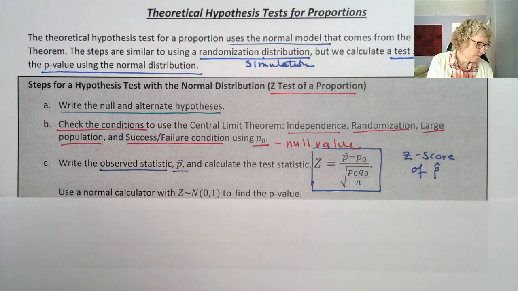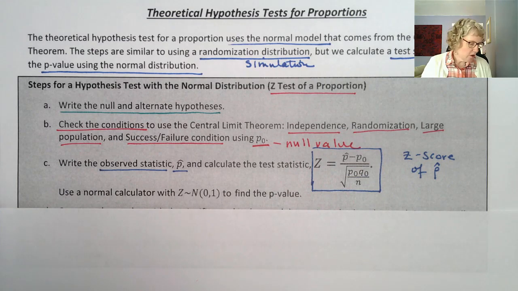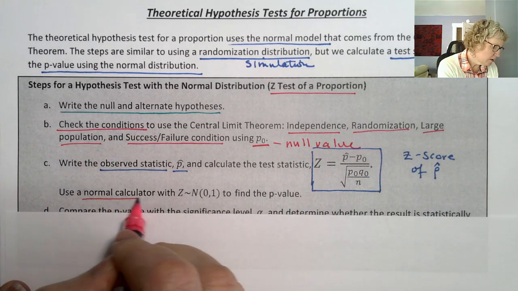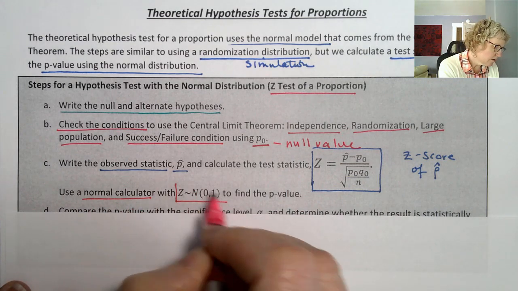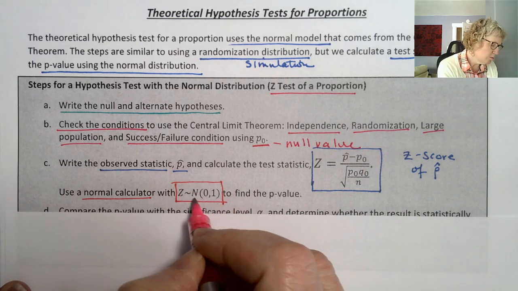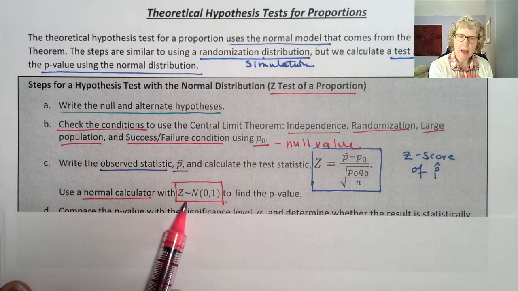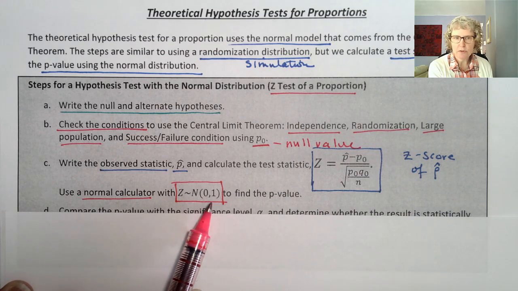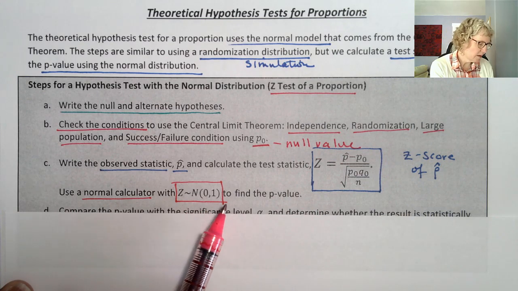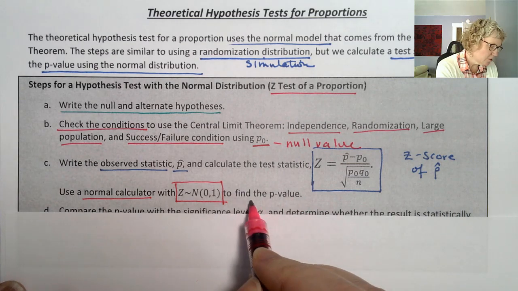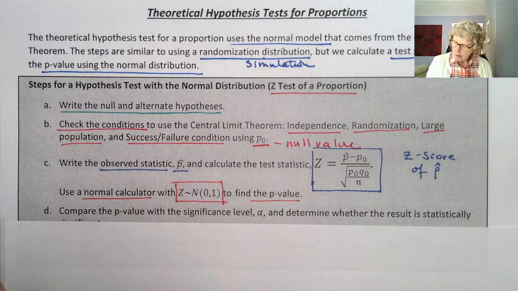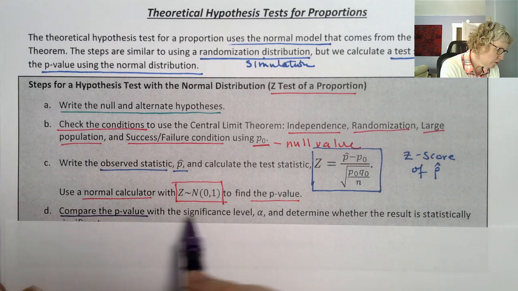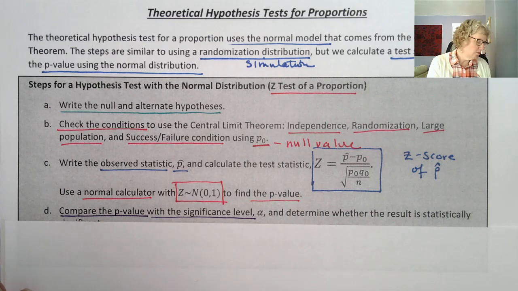Okay, once we get our z test statistic, we're going to use the normal calculator, and this is our model. Z-scores follow a normal model, so remember z is distributed as normal with a mean of 0 and a standard deviation of 1. Okay, so we'll use that to find our p-value. The next step will be to compare the p-value with the significance level.